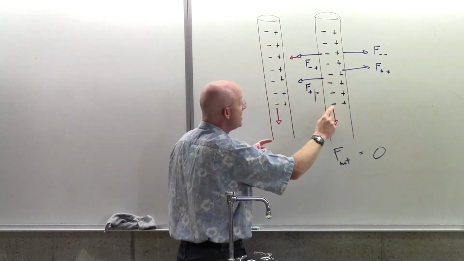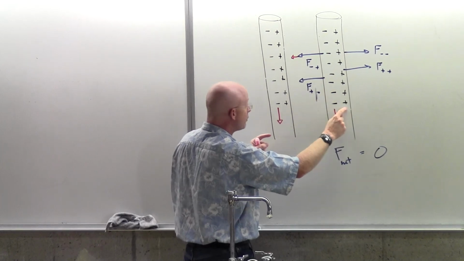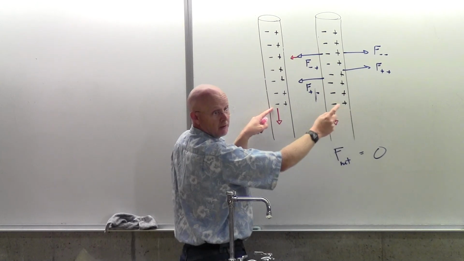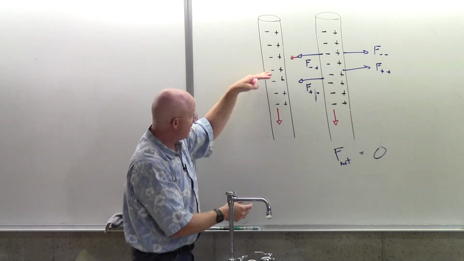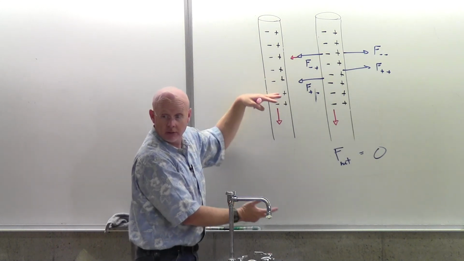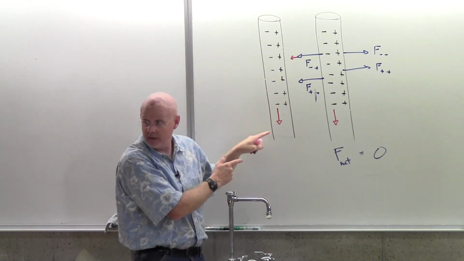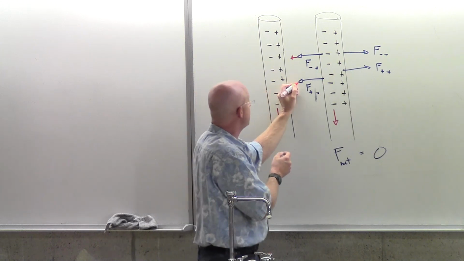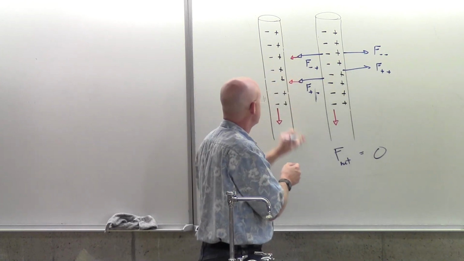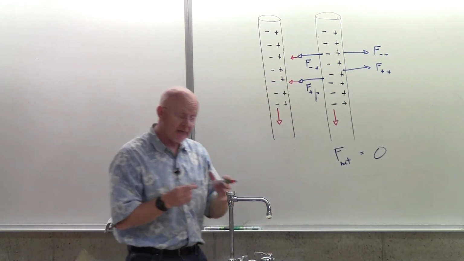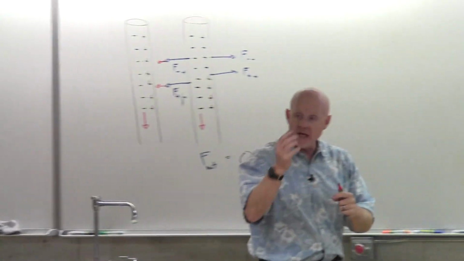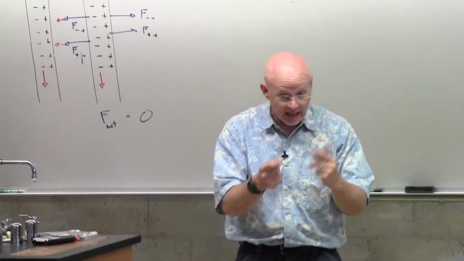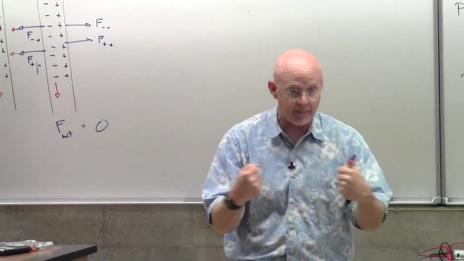But what about these protons as they look at those electrons? They see them moving. Length contraction means they look closer together. It sees more of them, so what happens to this force? So it increases. So I would say that these two wires, because of length contraction, have now changed their electrical force and they pull together.